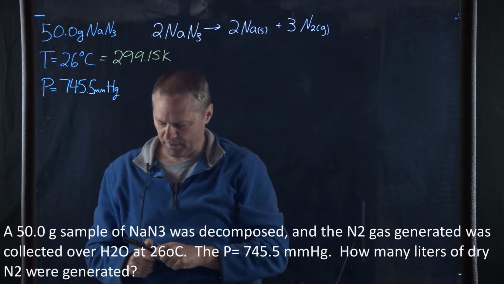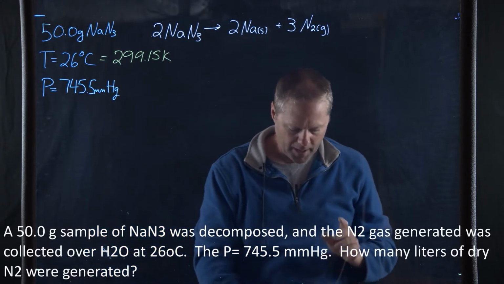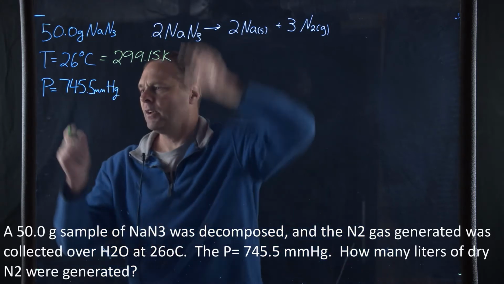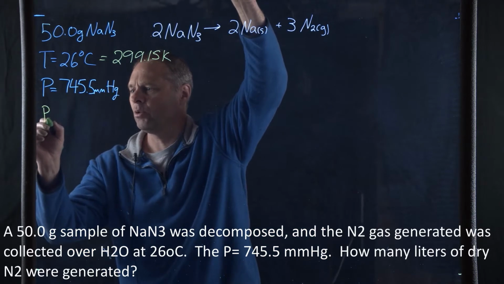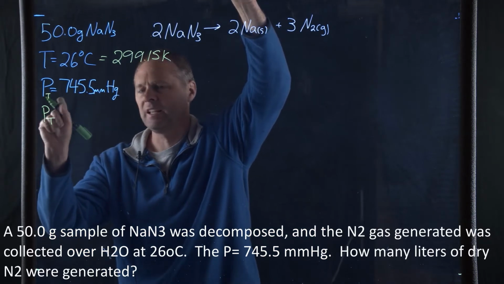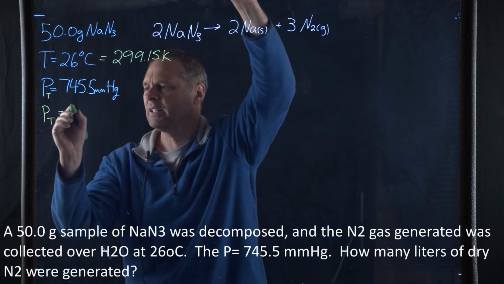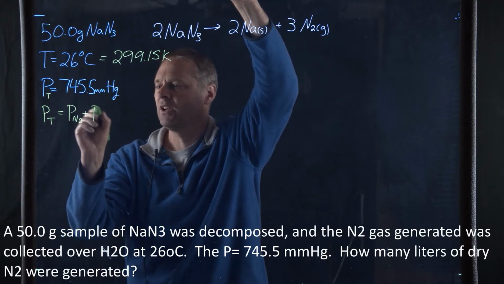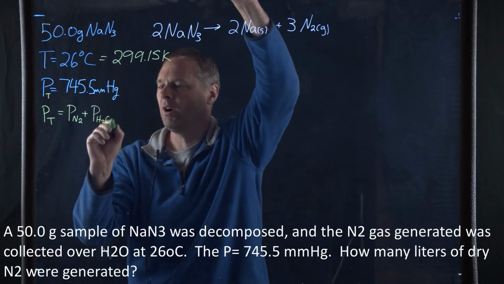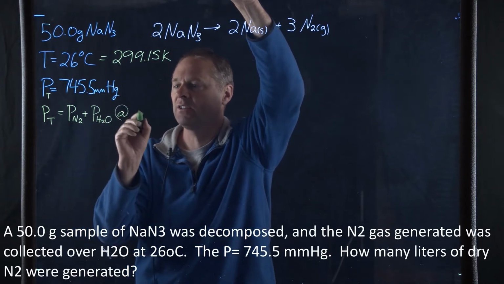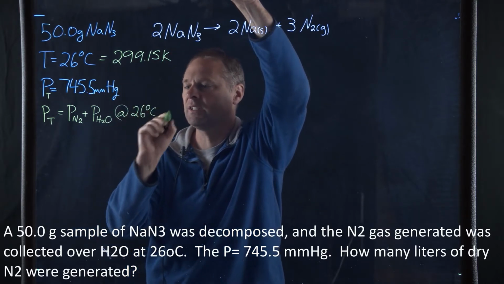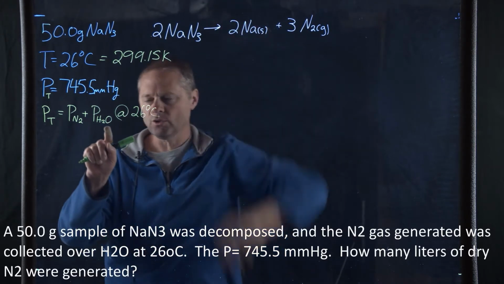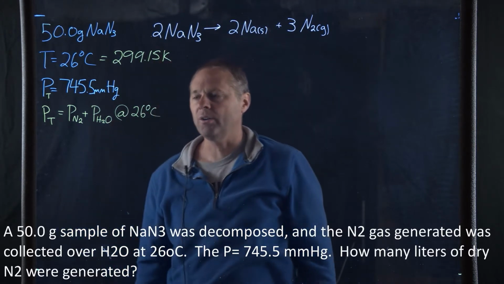We'll do that in a few minutes, because the pressure total is equal to the pressure of the nitrogen plus the pressure of the water, and this is going to be at 26 degrees Celsius. So we're looking at the vapor pressure of water when it's 26 degrees Celsius.